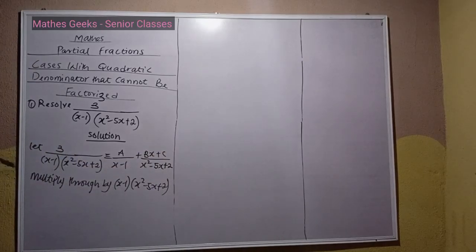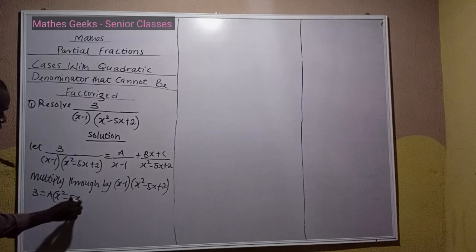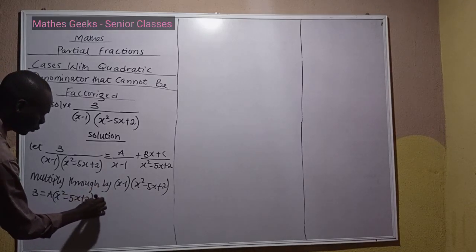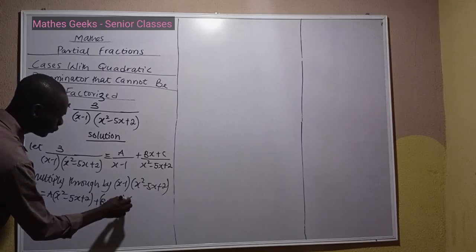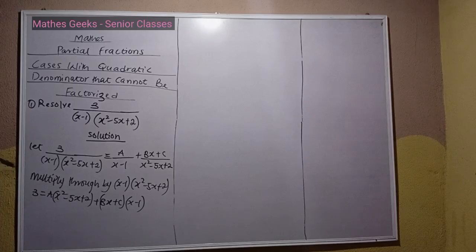So you multiply through by this, and you're going to have 3 equals a times x squared minus 5x plus 2, plus bx plus c times x minus 1. Next we are going to expand.